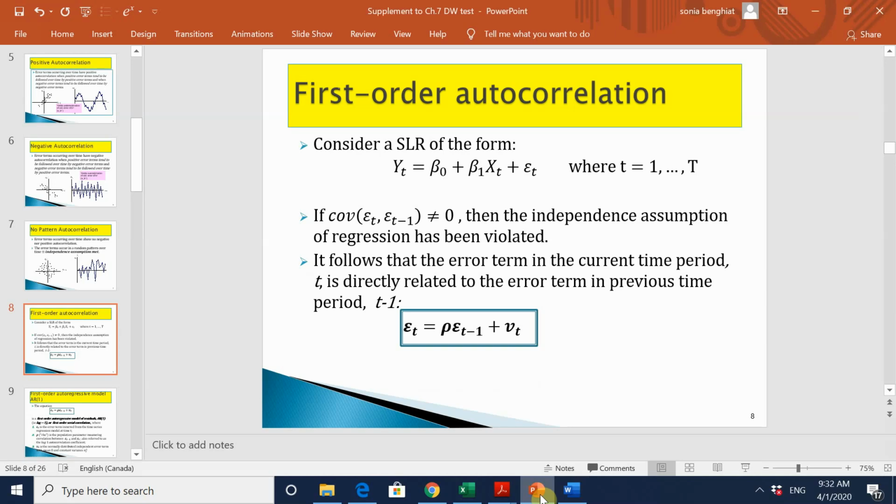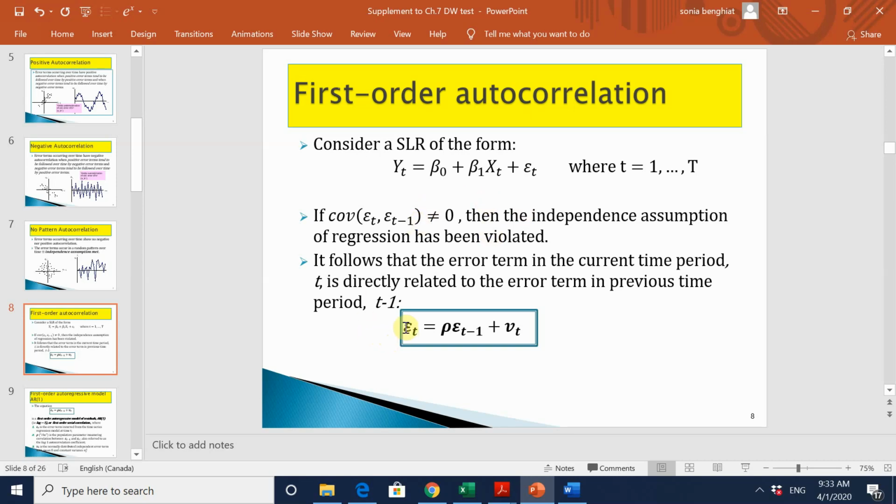So we want to get rid of this problem in our regression analysis in order to get a proper regression analysis. So this equation here, which is the classical linear regression model equation, we now want to break it down into its proper form.